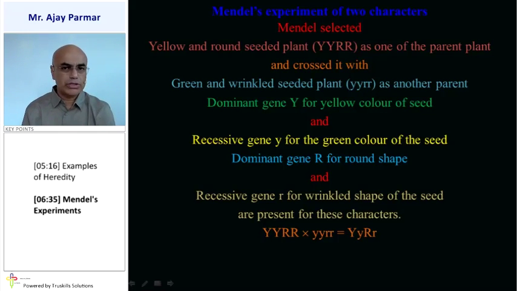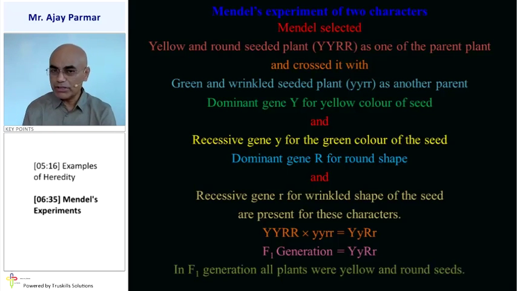Whatever the number of combinations you make, you are going to get the same answer. So the F1 generation would be obviously capital Y, small y, and capital R, small r. That would be the characteristics of the F1 generation.